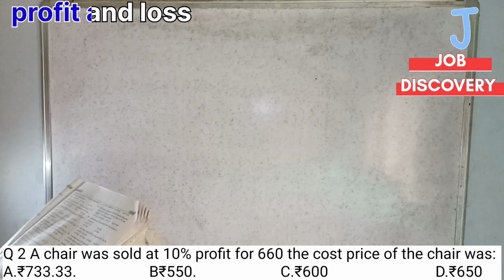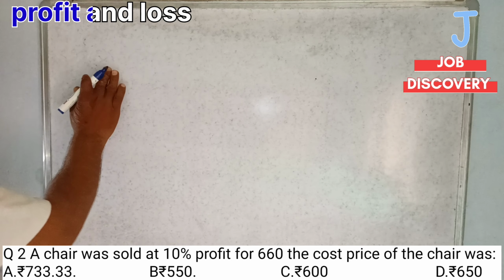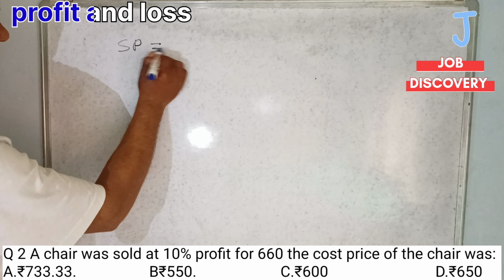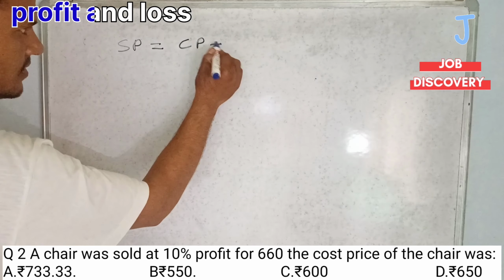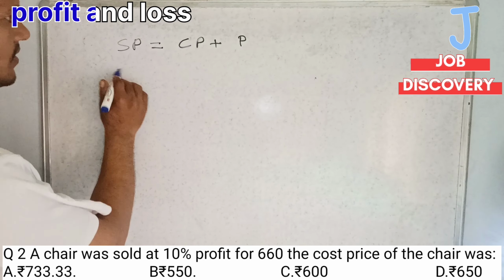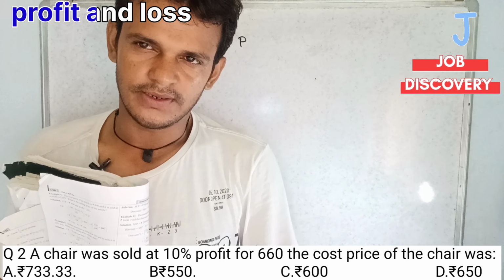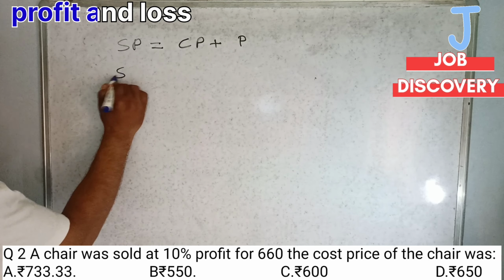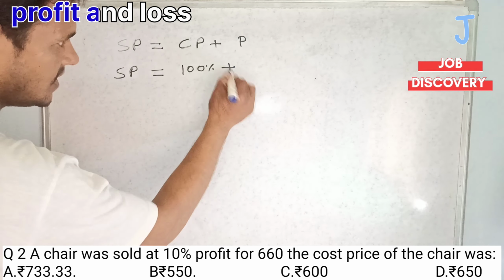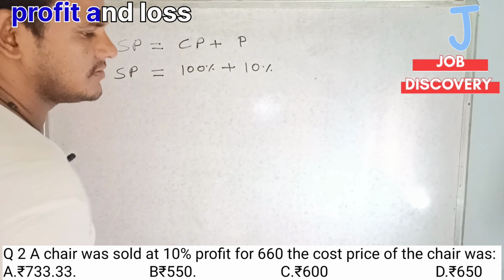A chair was sold at 10% profit. So now see here, selling price is equal to cost price plus profit, right? We know friends, cost price always will be 100%. So selling price is equal to 100% plus profit. Profit is 10%, right?